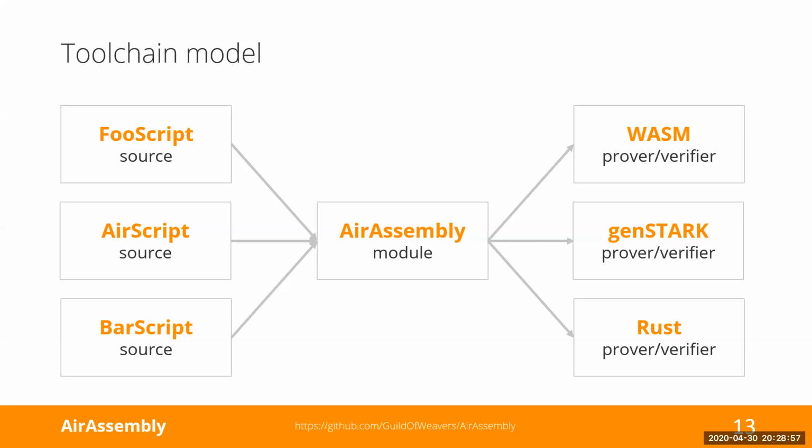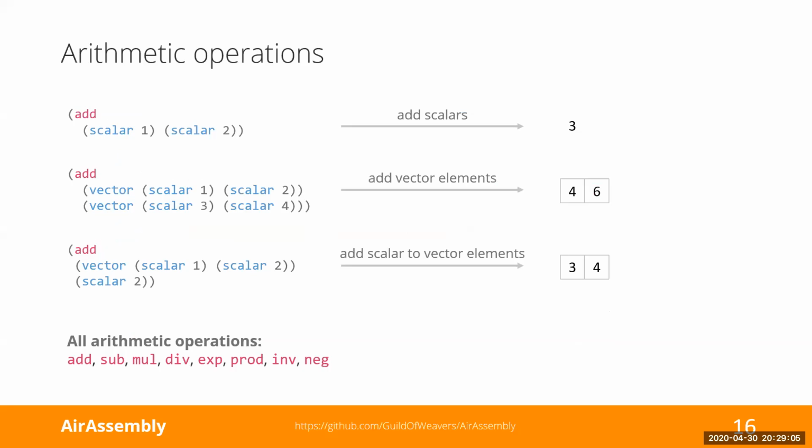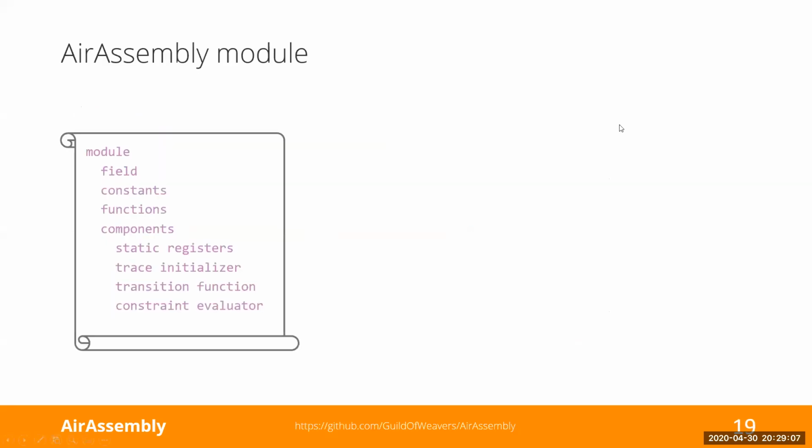And even with AirAssembly, there is one thing I'm trying to think through, whether it makes sense to do that. As I mentioned, there are different parts of this module, and a transition function, technically, is not really AIR. It's not really part of the AIR definition. It's just there to help you generate a trace table.